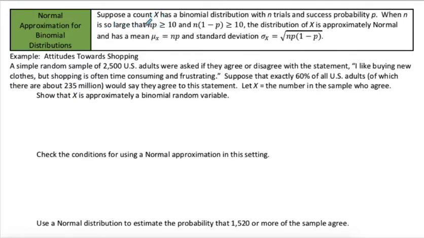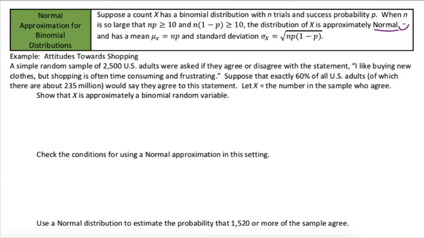When our expected outcome for success is bigger than 10, and our expected outcome for failures is bigger than 10, then the distribution is approximately normal. So we are now able to change the shape of a distribution. We've never been able to do that before. And so this is a kind of big deal in statistics.